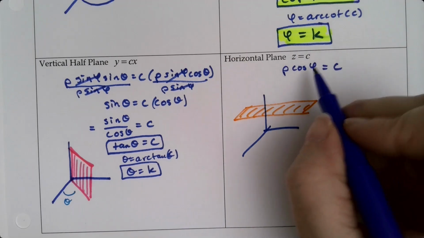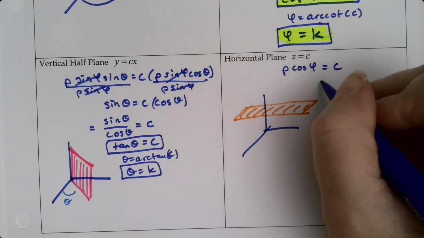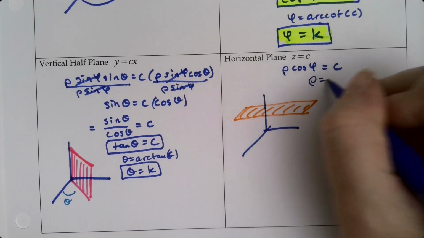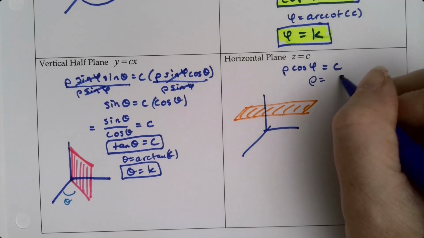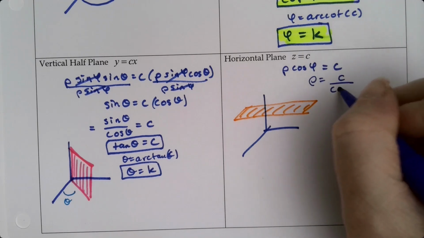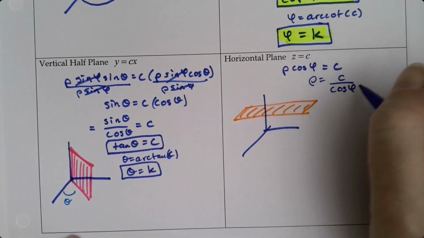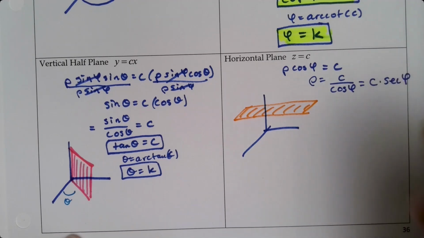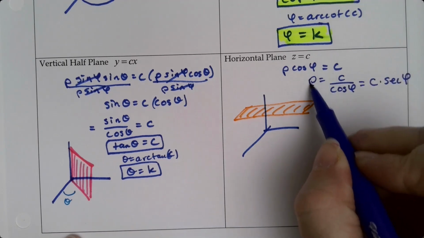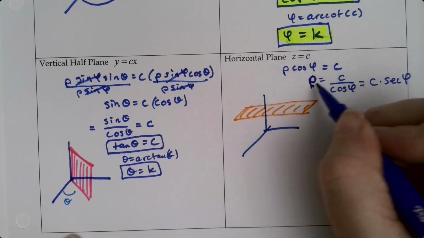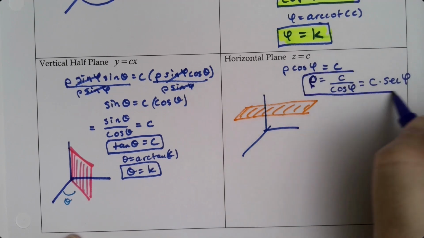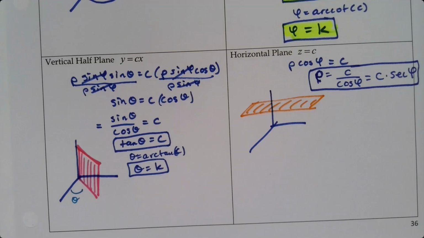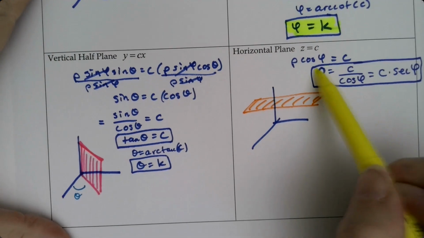So nobody really writes it like this. They're going to go, oh, okay, so that means that rho is a constant divided by the cosine of phi, which is fine. That's just a constant times the secant of phi. So there you go. If rho is equal to a constant divided by the cosine, or a constant times the secant, that's what you're going to use.